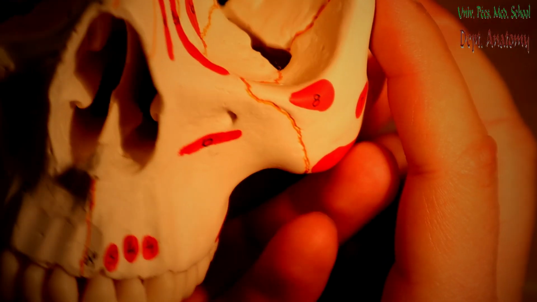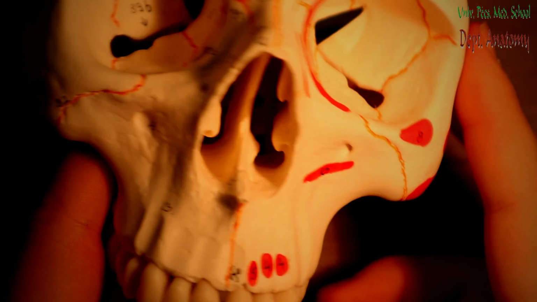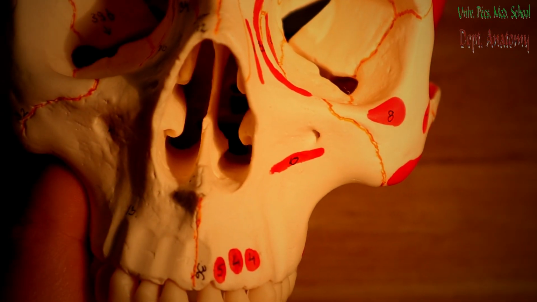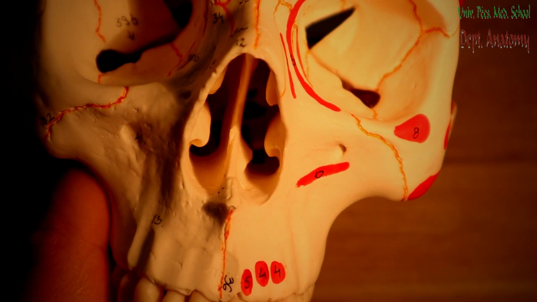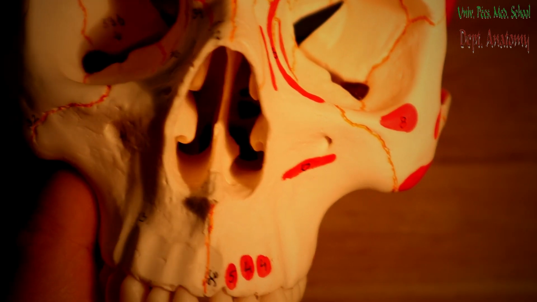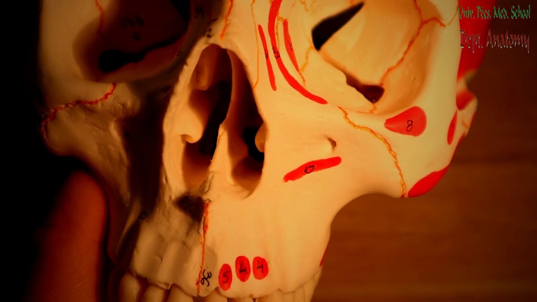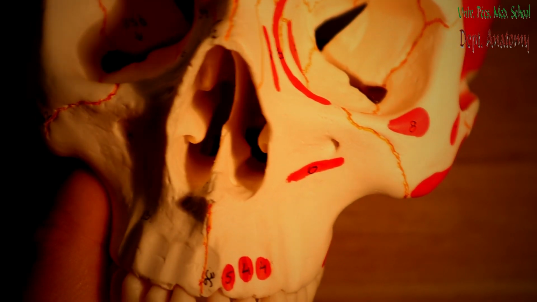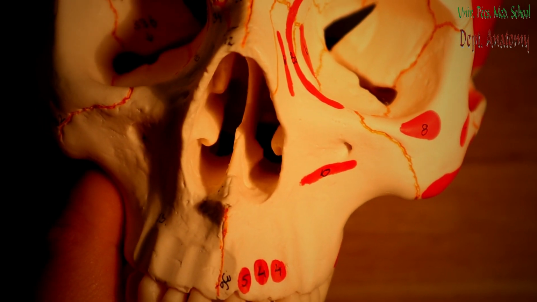Okay, so if you look inside of the nasal cavity through the piriform aperture, you can see the bony nasal septum in the middle, and you can see on the lateral wall the concha, and the concha means shell.